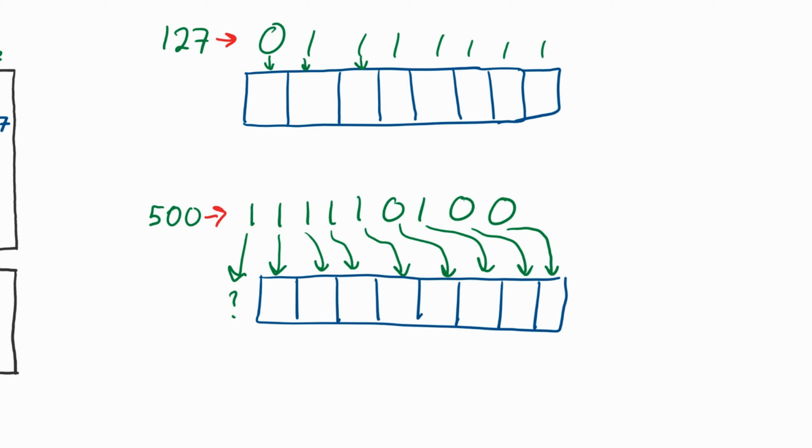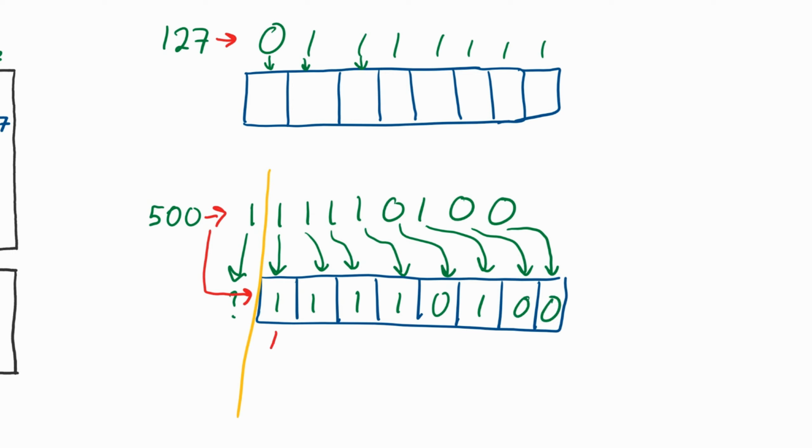C++ assumes that the user, the programmer, us, understand that char can only fit 8 bits. So if you try to store something greater than that, C++ says, you're giving me something that I can't fit in 8 bits, so whatever I can't fit, I'm just going to toss away. What ends up happening is that the number 500 becomes this new byte, which is 1, 1, 1, 1, 0, 1, 0, 0.